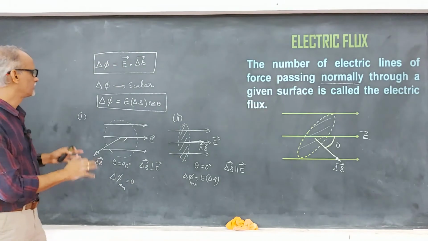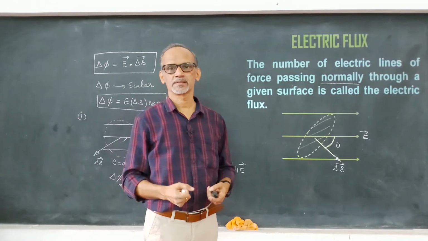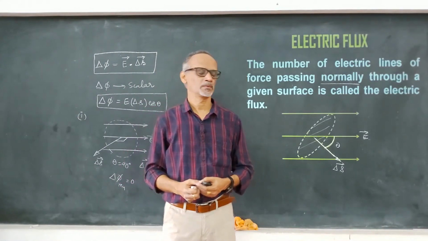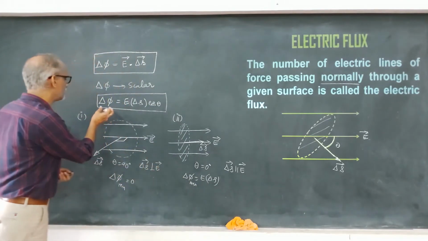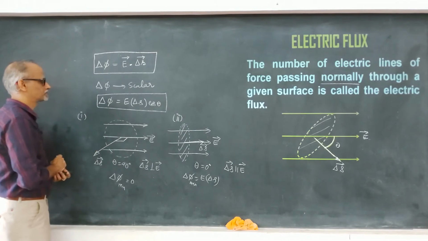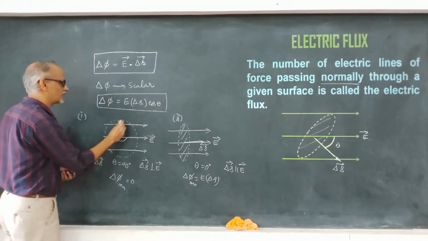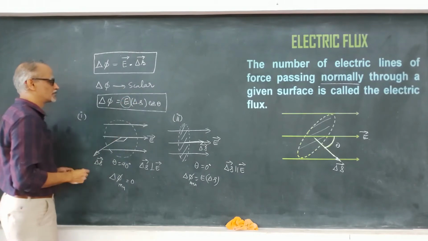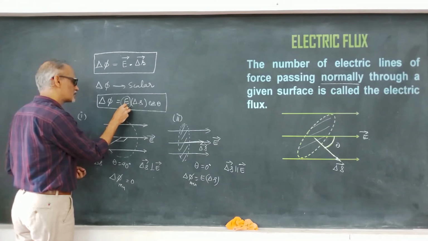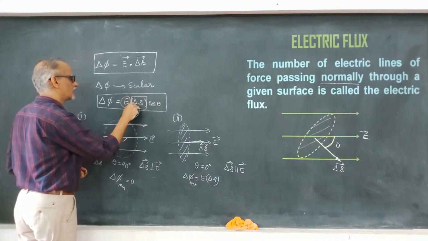This is an important equation which we will use later in some of the derivations. Now, what we have measured here is the flux through a small surface, and whenever we measure flux through a small surface, we have to assume that the electric field E is the same at each and every point on the surface.